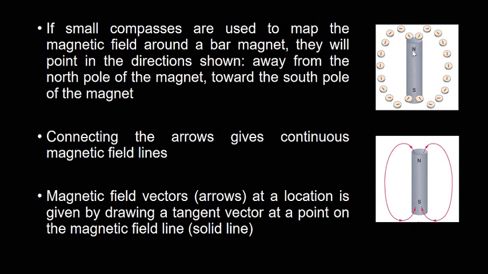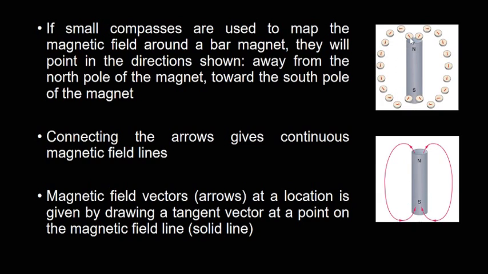In this image we see a magnet whose north and south poles are shown, and by using a small compass and looking at the arrow which shows the north pole of the compass, we see that the direction of the magnetic field can be obtained. So essentially, if small compasses are used to find the magnetic field around a magnet, the magnetic field will point in the direction shown in this image.